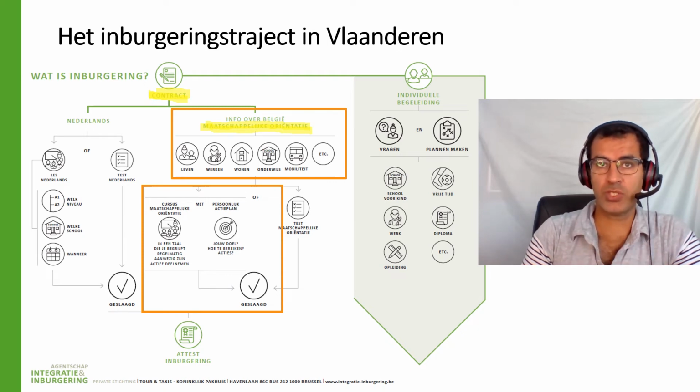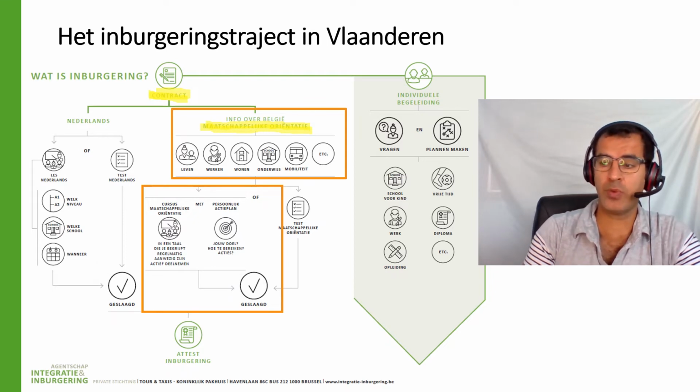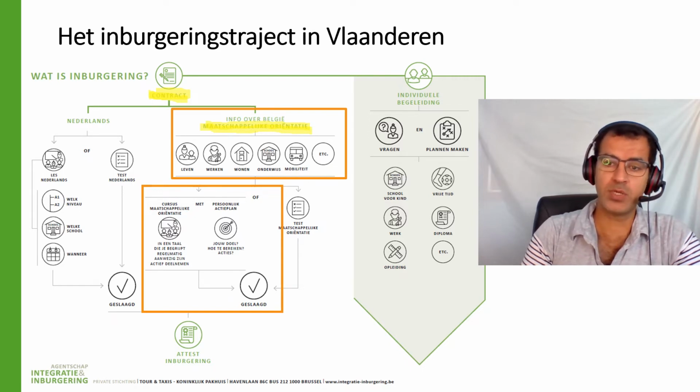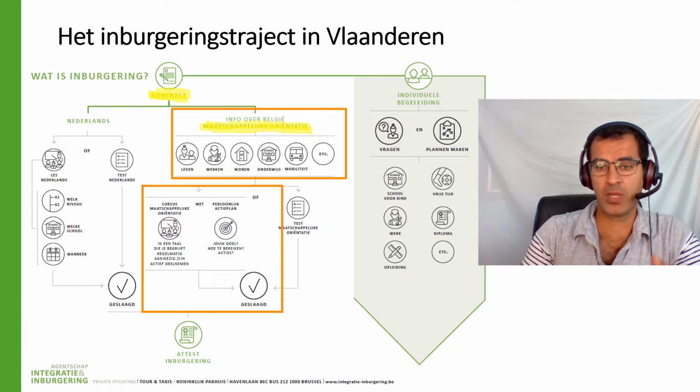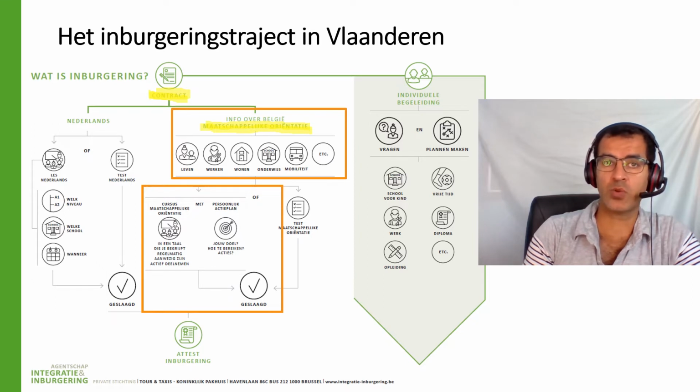We are going to exchange a lot of information about integration in Belgium and about social orientation classes. However, you also need to be equipped with the right equipment, like a well-functioning PC, tablet, or in some cases a smartphone. I highly recommend having a PC as well as a smartphone together, because sometimes we need to use both of them.